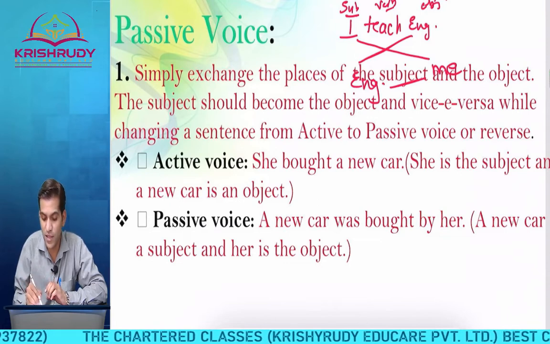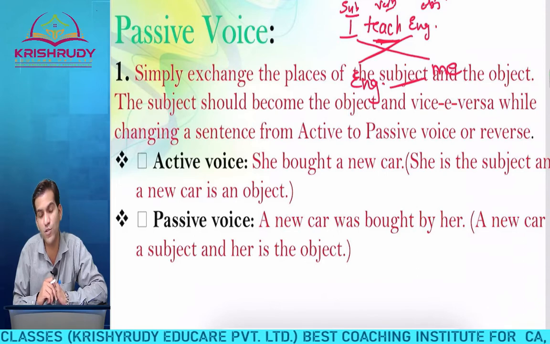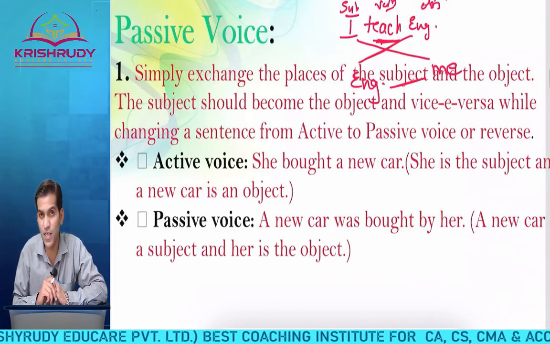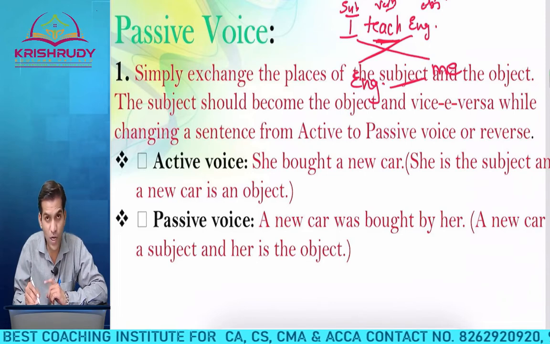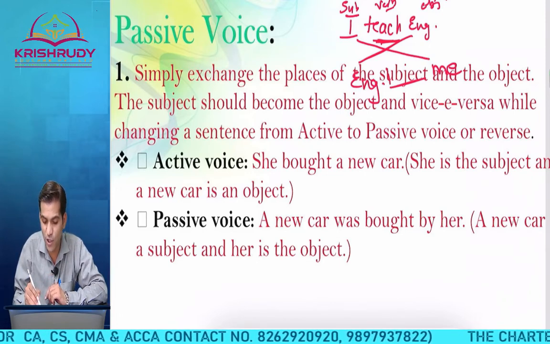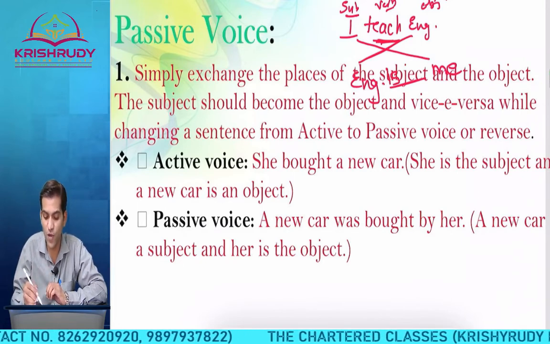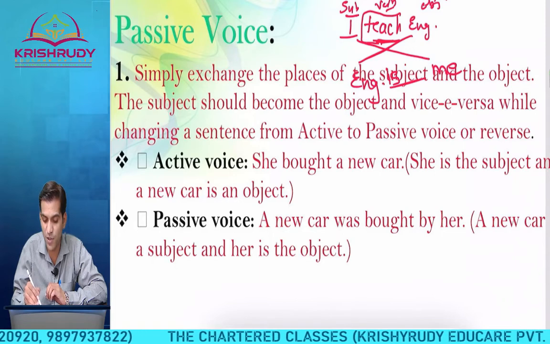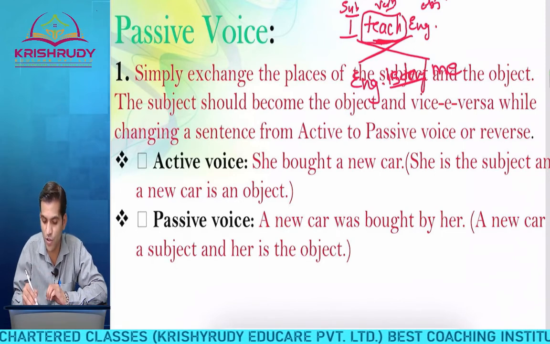And as this verb teach shows that the sentence belongs to simple present tense, we have to use one out of is, am, are. As English is singular, we have to use is, and with is we have to use the past participle form of teach, which is taught.